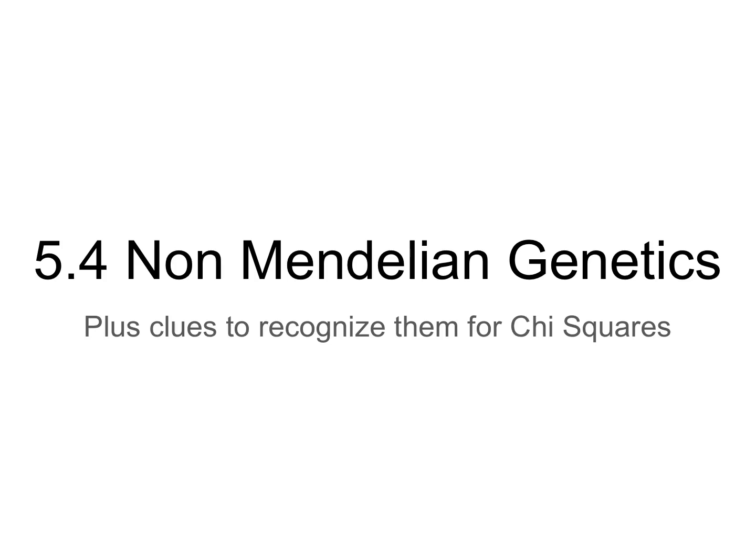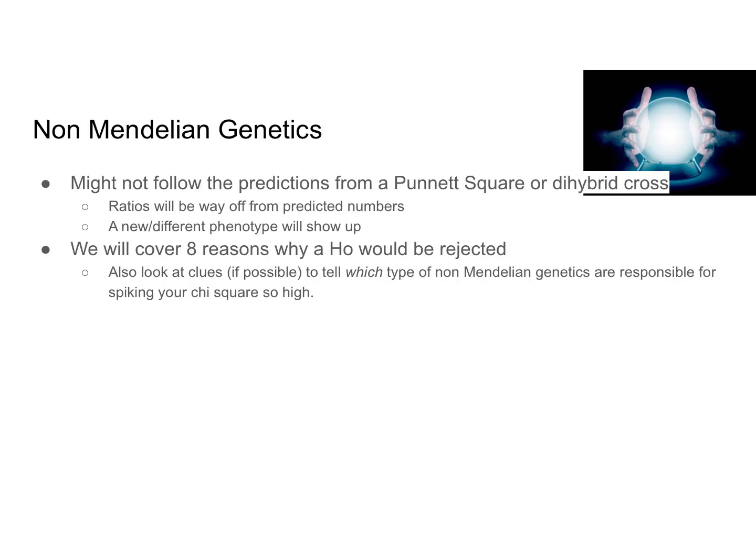Hey everyone, in this video I'm going to continue talking about 5.4 non-Mendelian genetics and the clues to recognize these causes for rejecting null hypotheses in chi-squares. In this video we are going to be focusing on linked genes, which is one of the ones commonly asked on the AP exam because of the additional step that we can take.